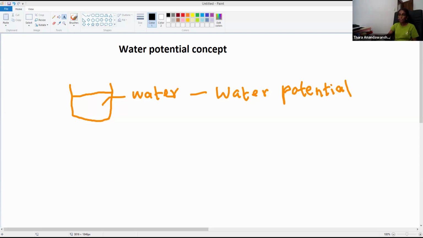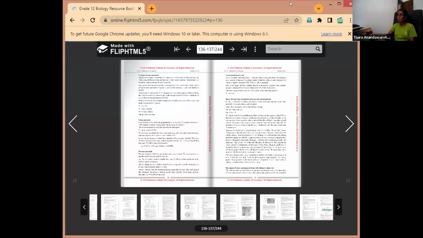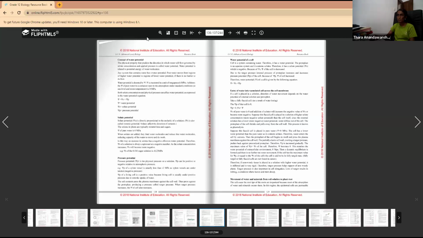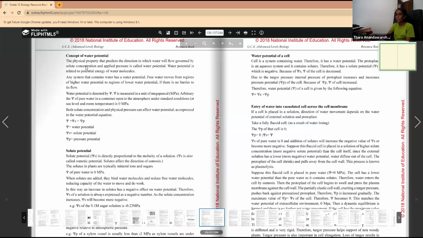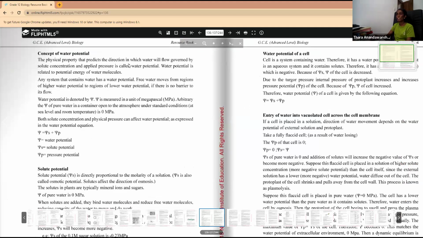Let's go to the given definition also here. It says that the physical property that predicts the direction in which water will flow, governed by solute concentration and applied pressure, is called water potential.